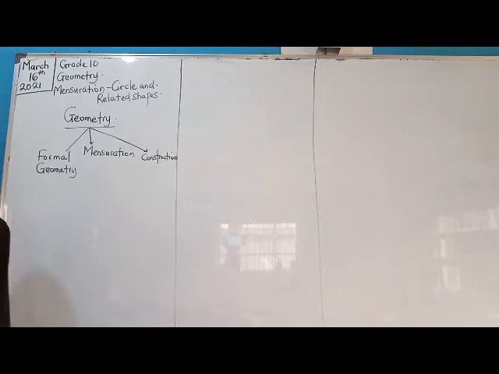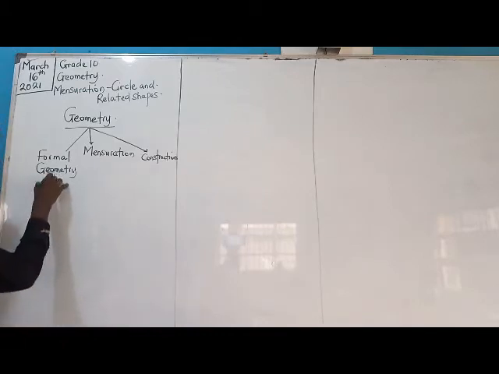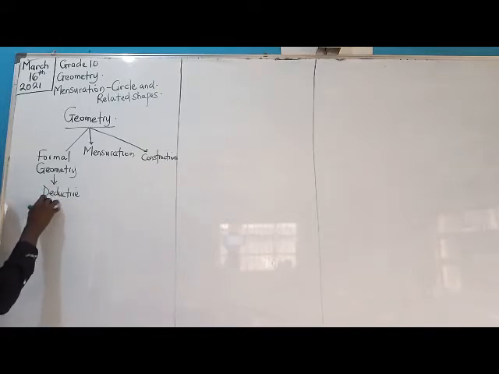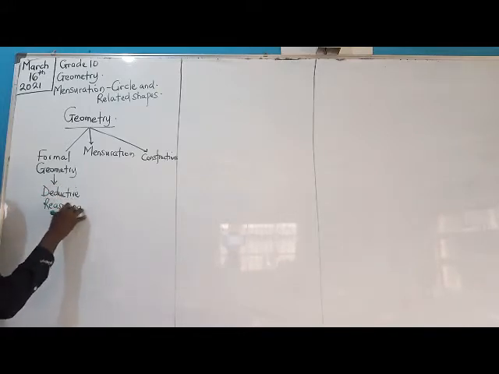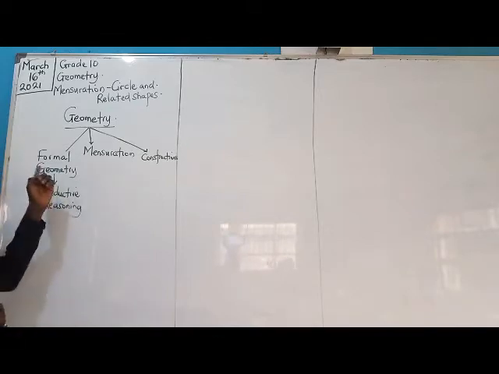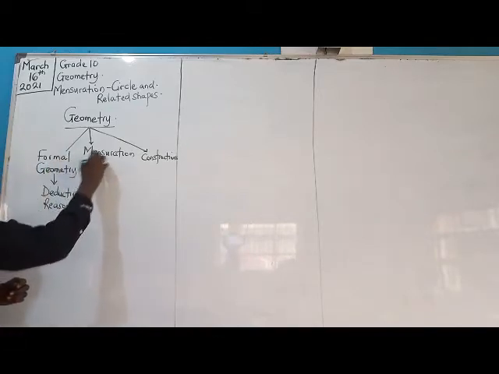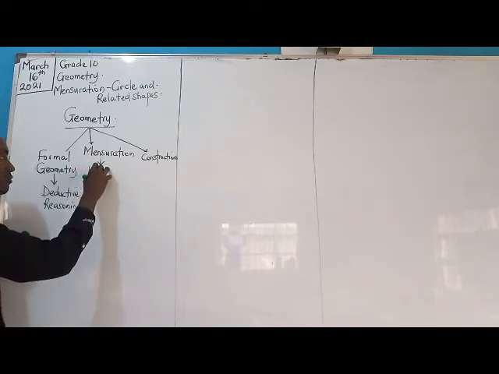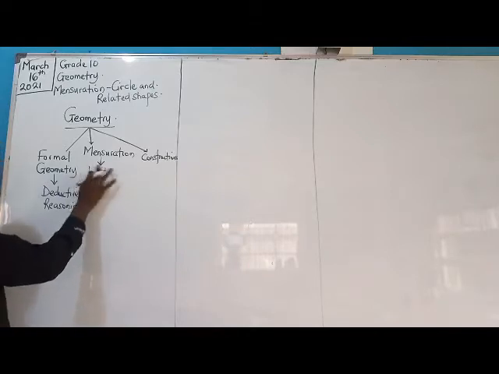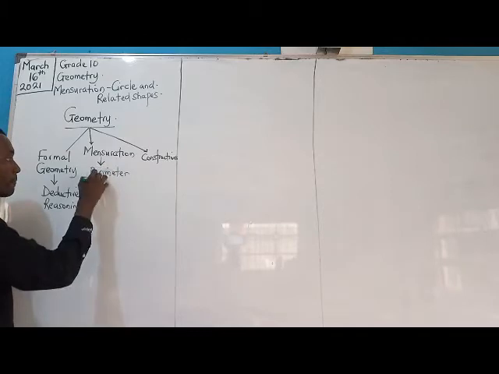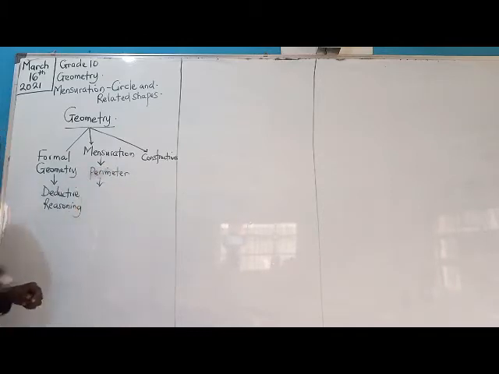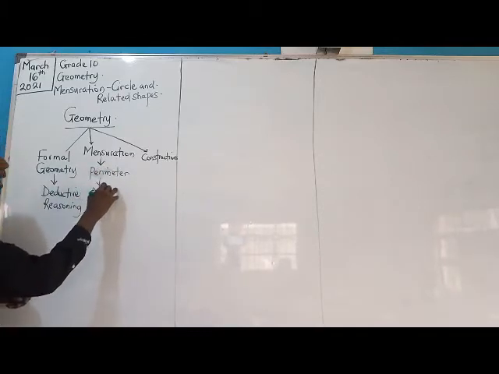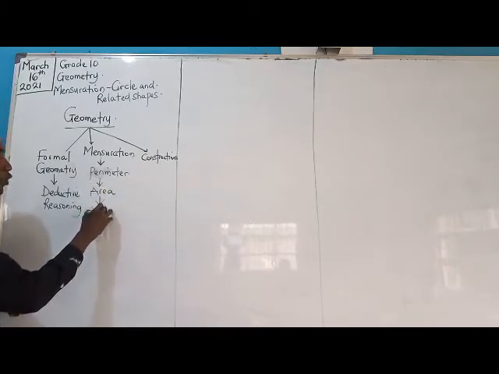When we talk about formal geometry, what comes to mind is the matter of deductive reasoning. When we look at geometry from the matter of mensuration, what comes to our mind is length, or let's put in perspective, perimeter, area, and volume.